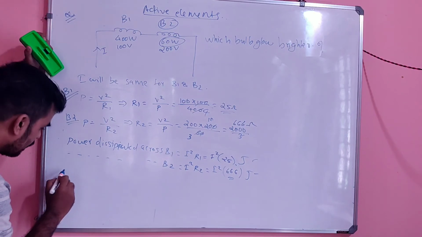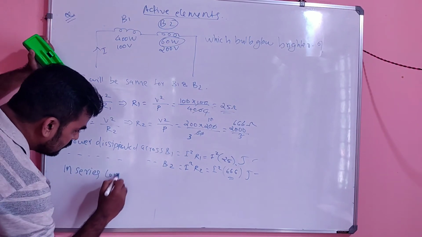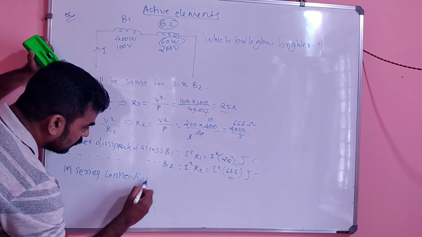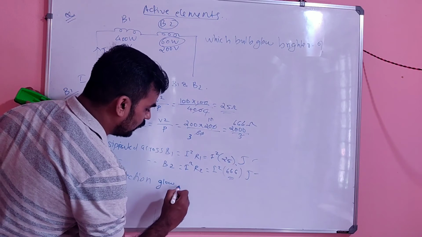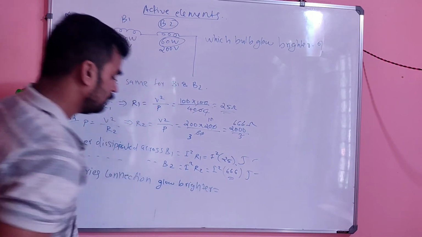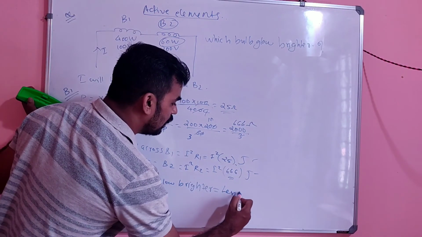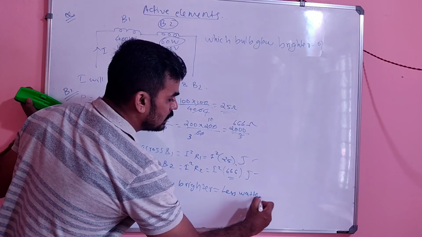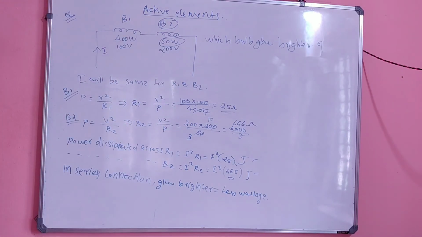This is a very, very important conclusion. In series connection, the lamp glow brighter will be equal to less wattage. It's a very important conclusion. Clear?